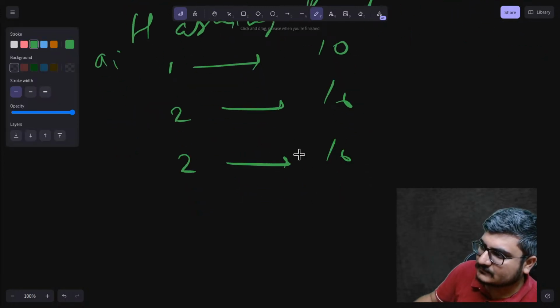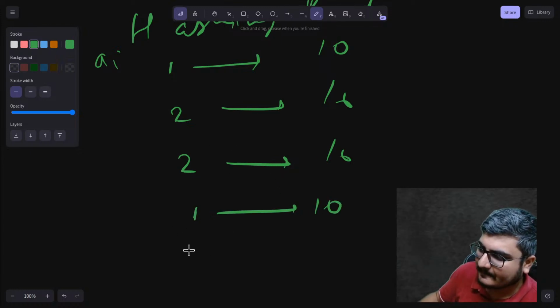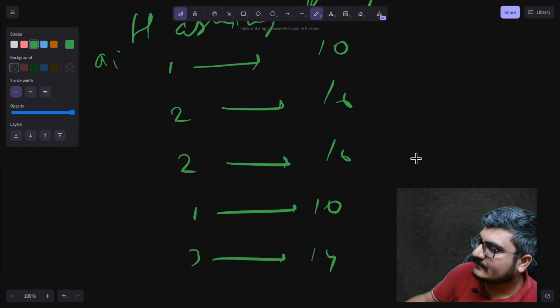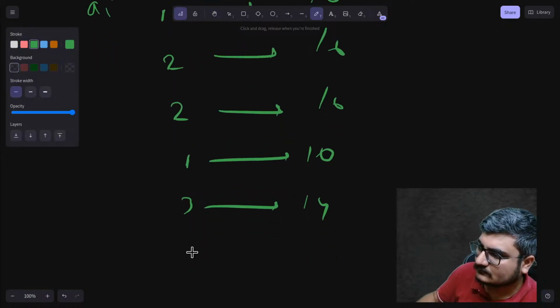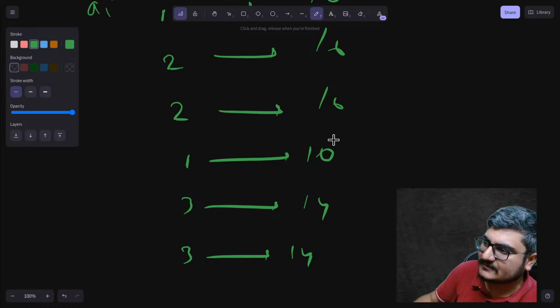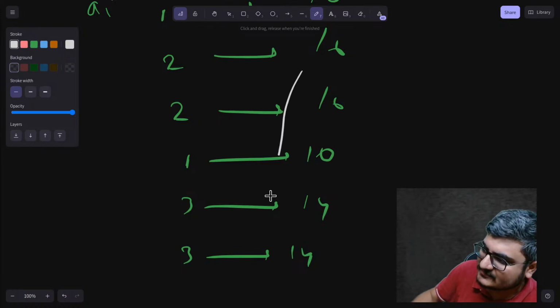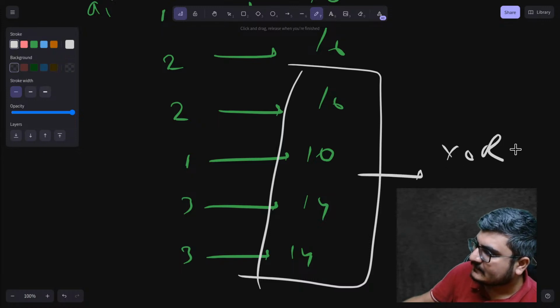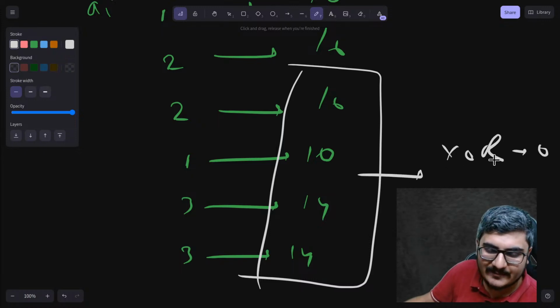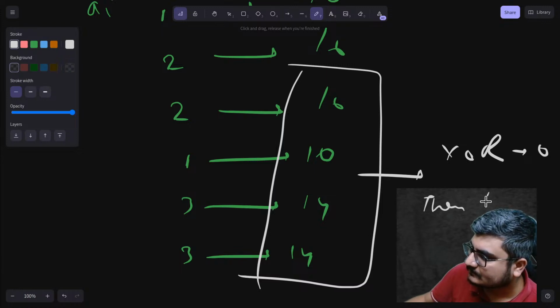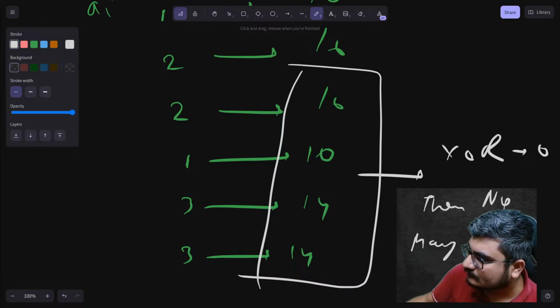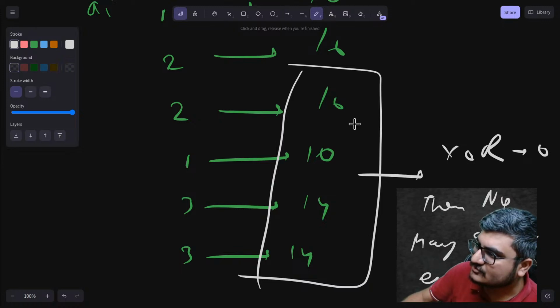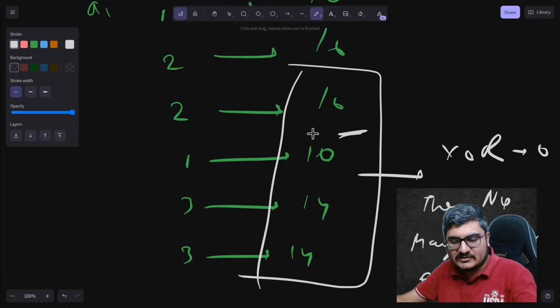So for all the 2's the values would be the same, and for all the 1's the values would be the same. Then my idea is, if the XOR of these random numbers is 0, then there is some chance that all the numbers appear an even number of times. If this XOR itself is not 0, then the numbers would never be equal.